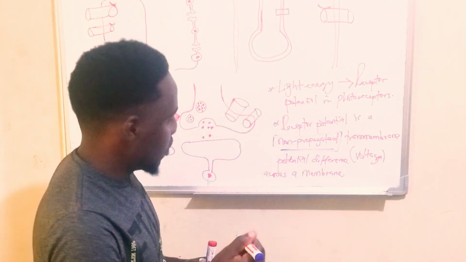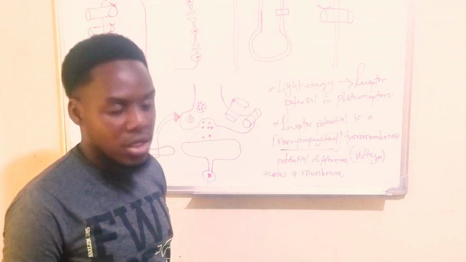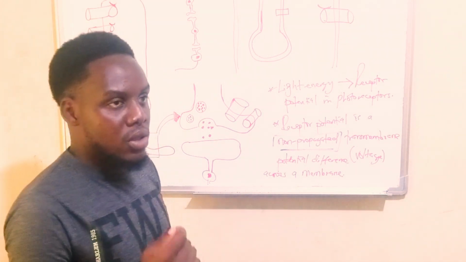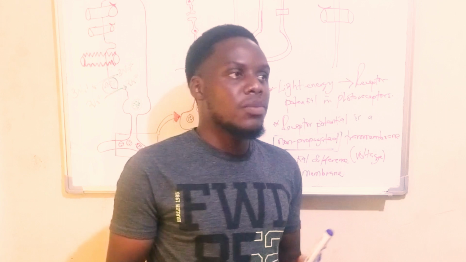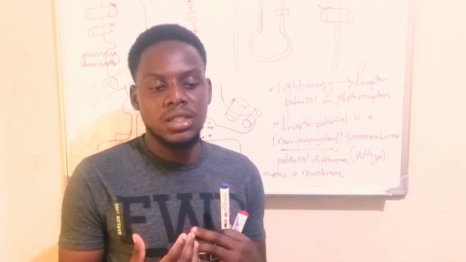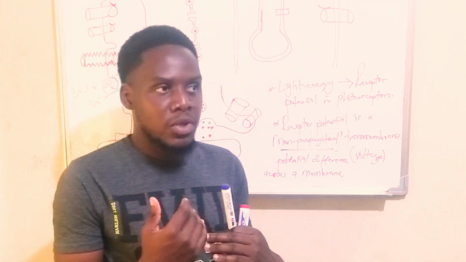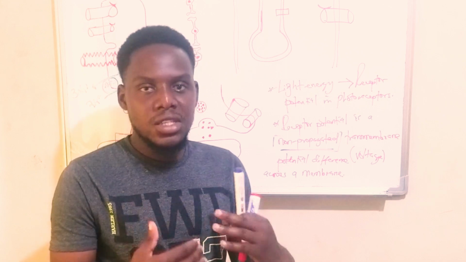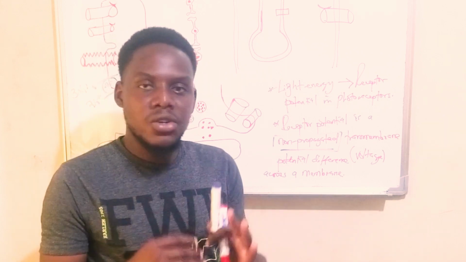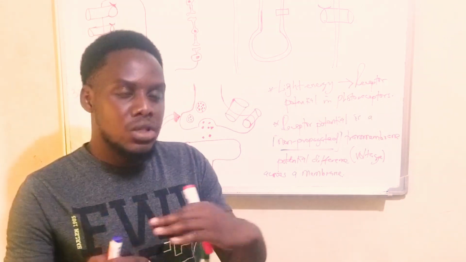What we should take note of here is that this receptor potential is not an action potential. In other cells, you end up having an action potential, a disturbance across the membrane, or a series of events that take place due to the movement of ions across the membrane.